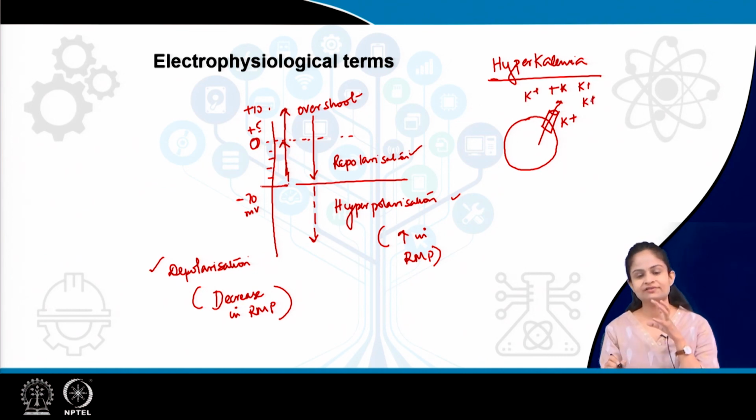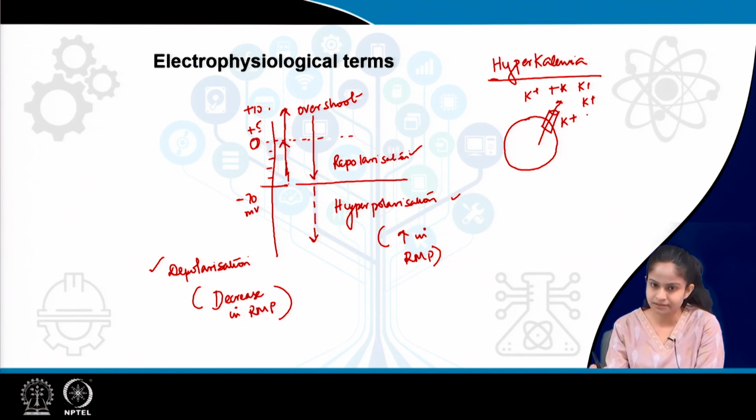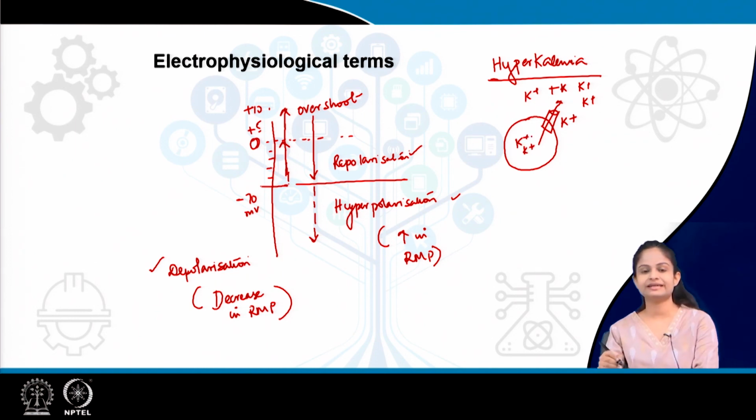So, when the cations or the potassium concentration is more extracellularly, it will hinder the potassium ions coming from the cell, which means it will prevent the flow of potassium ions from inside to outside, and the potassium will stay back in the cell.